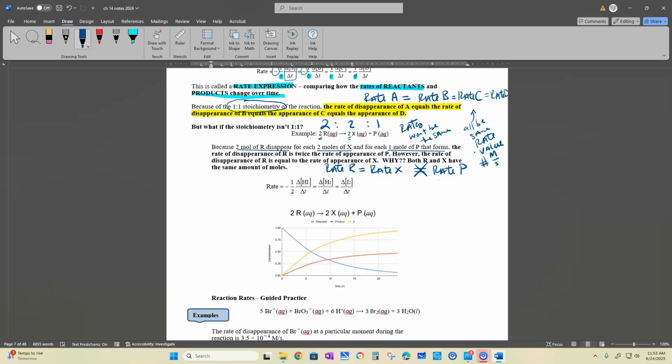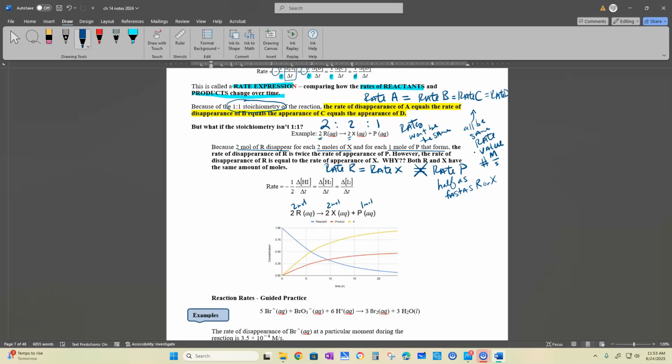Well, it would be half as fast as R or X, because of that coefficient. I'm going to fix this, I didn't mean to put hydrogen here. P right there, you actually have half the amount. You only have 1 mole versus 2 moles versus 2 moles. So that rate will be half as fast.